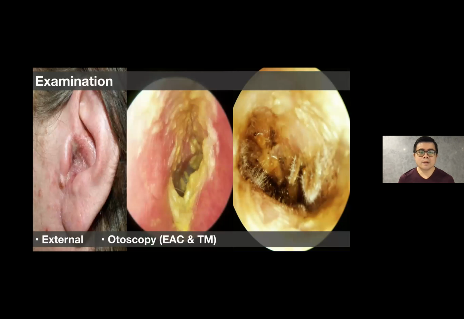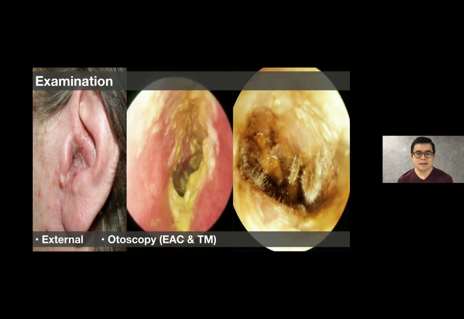So examination always starts from outside to in. External ear: whether there's any cellulitis or skin changes in the pinna, where the patient may need oral or IV antibiotics. And an otoscopy or otoendoscopy to look inside. First of all, you want to look at the ear canal itself. Is it swollen?